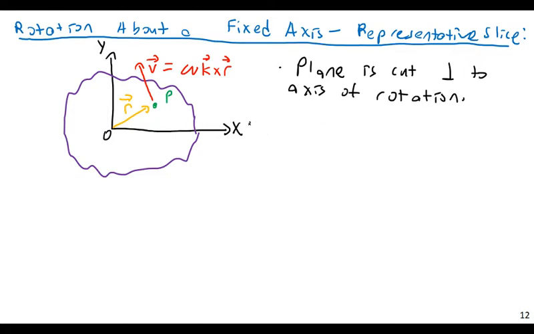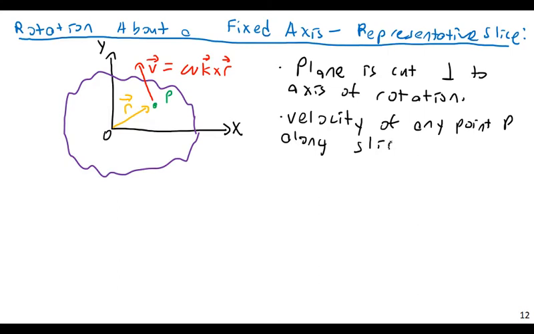And the velocity of any point P along the slice is v, as I've labeled on the diagram, omega vector cross r.